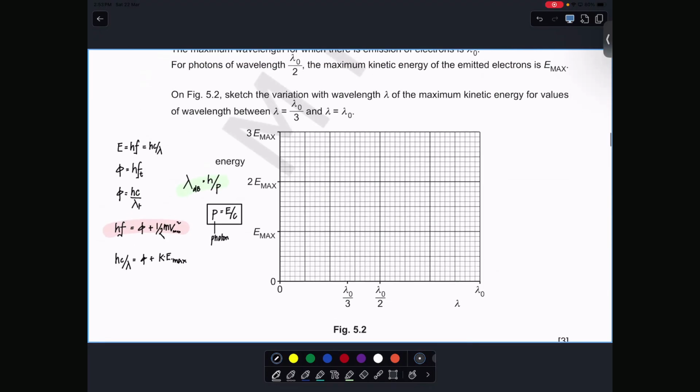Sketch the variation of wavelength of maximum kinetic energy for the values of wavelength of lambda by 3 to lambda. এই টাইপের কোয়েশ্চেন দিলে আমি তোমাদেরকে একটু help করি কেমনে করতে হয়। It's not a conventional graph.